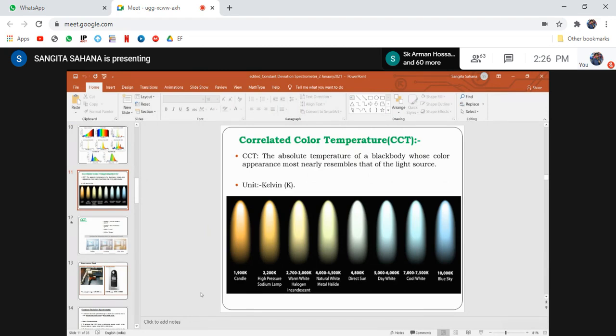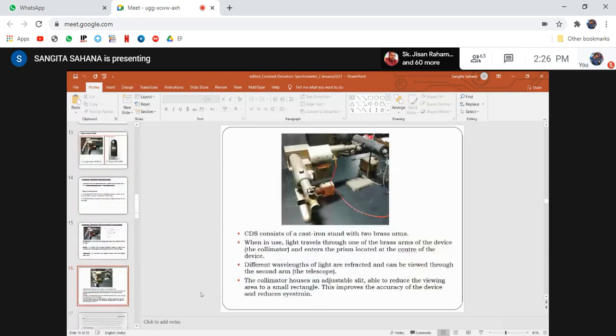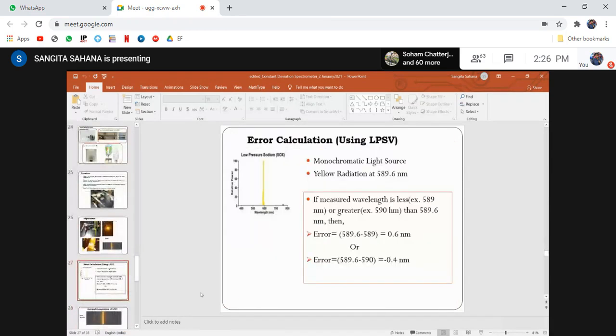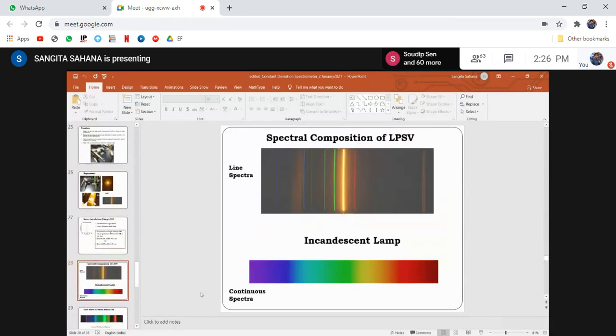So we can see only that color, yellow or green, because we have been informed that we can see only one color at a time through the telescope. Yes, one color at a time through the telescope, but with your bare eye, when you look at any burning incandescent lamp without any instrument, what is the color?